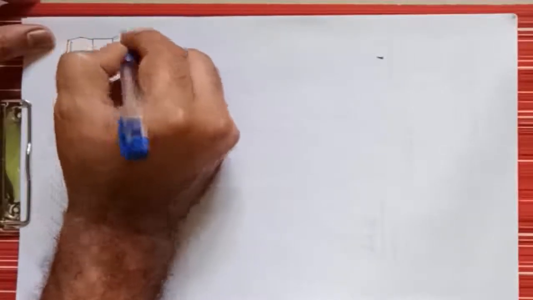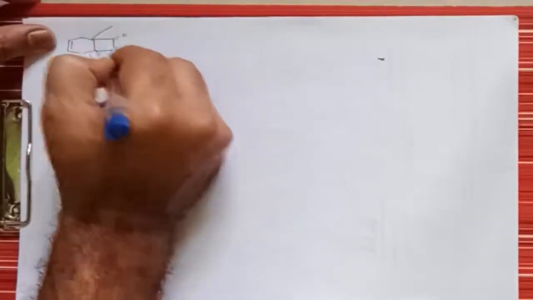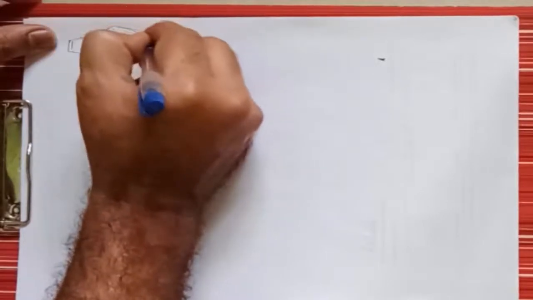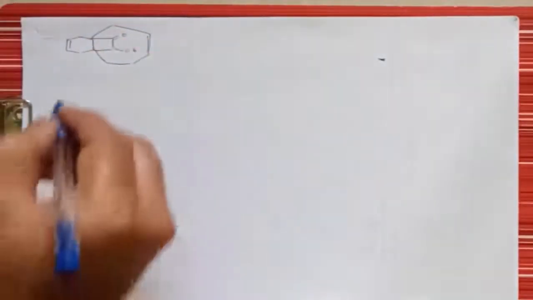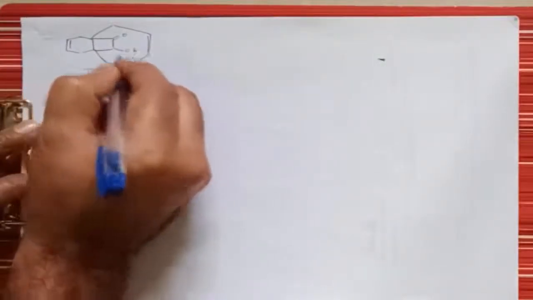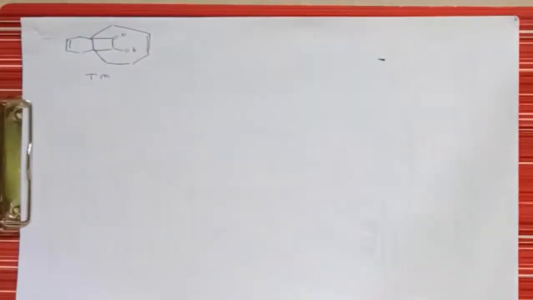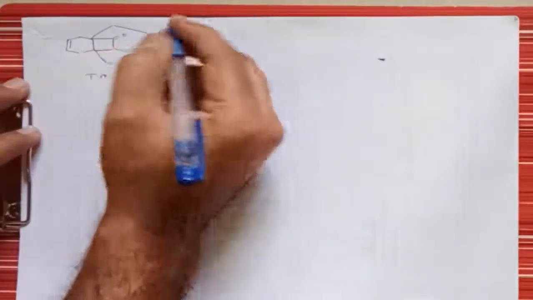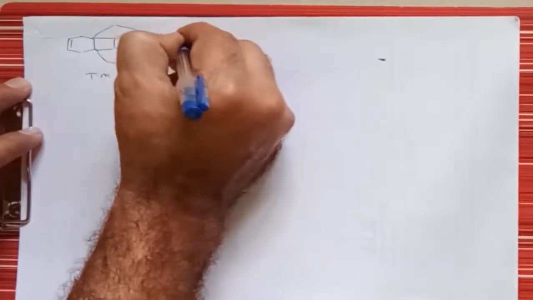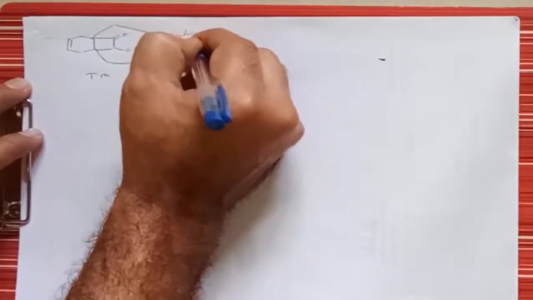So here is an alpha hydroxycarbonyl compound. So this is a target molecule, containing an alpha hydroxycarbonyl group, and here we know that we can go for the acyloin condensation.